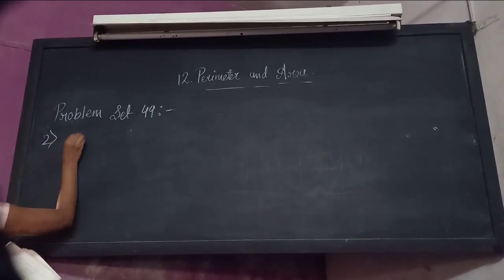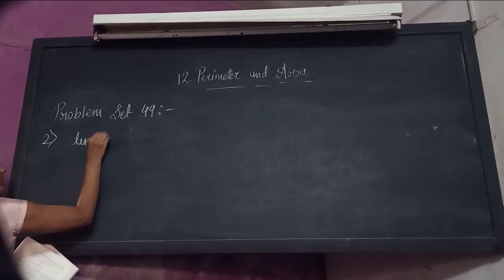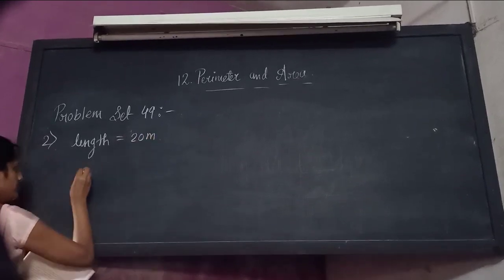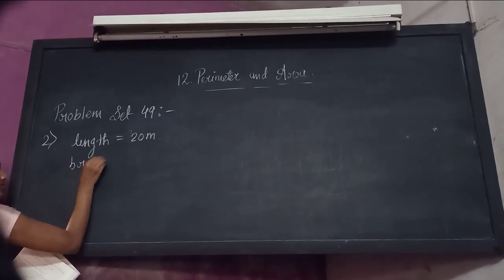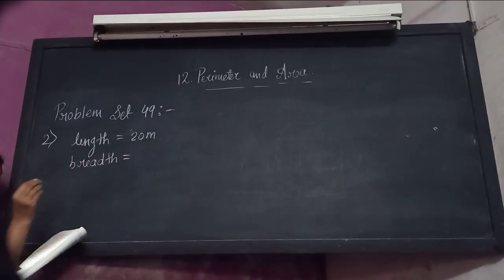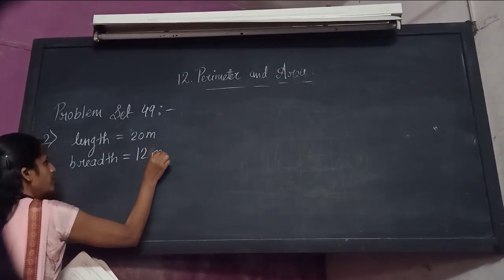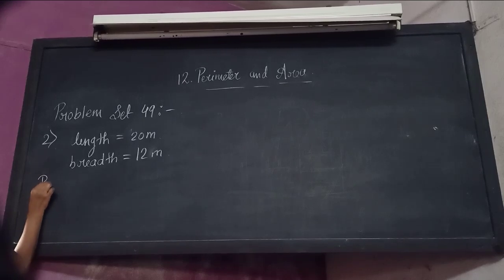That is, the length of the rectangle is given, that is 20 meter, and the breadth, that is width, is given 12 meter. We have to find out perimeter of a rectangle. Just write down the formula.